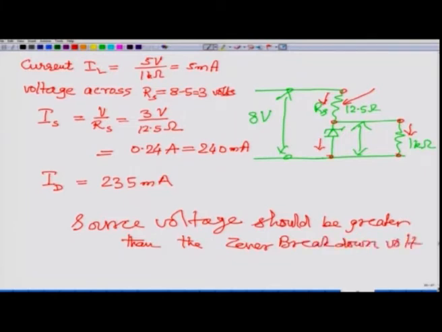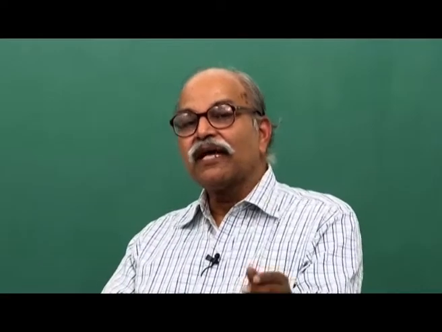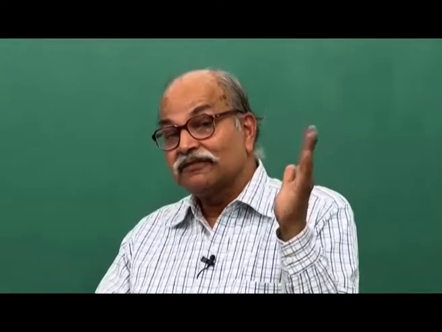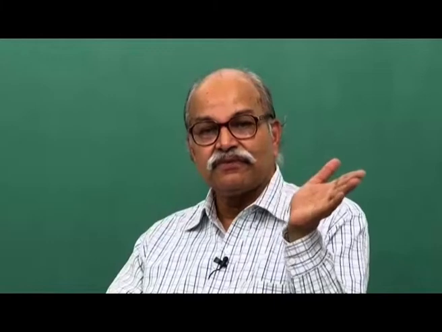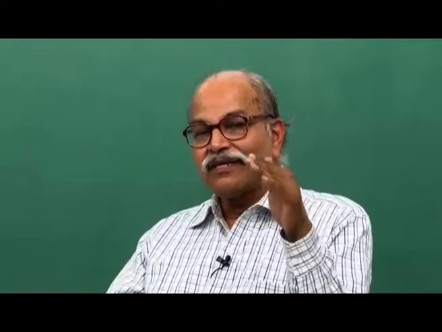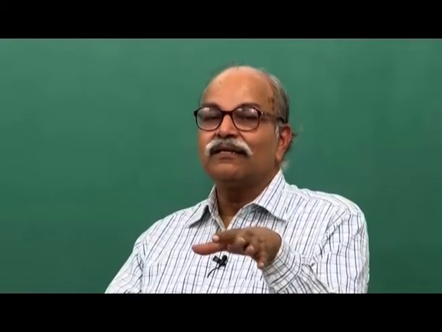So, this is a condition. If it is 5 volts breakdown, then the source must remain above 5 volts. It could be 7, it could be 6.8, it could be 7.5, it could be 10, it could be 9, that can fluctuate, but as long as it is more than this Zener breakdown voltage, this regulated supply will not be disturbed.